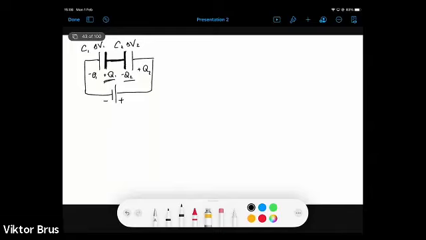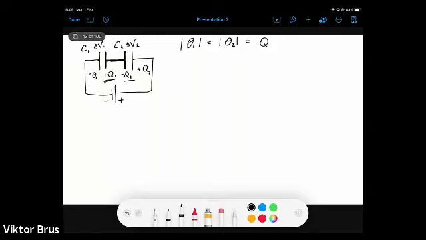Since this system should remain electrically neutral, we can write that by absolute value Q1 is equal to Q2. And then we can claim that the electric charge which is accumulated in capacitor 1 and capacitor 2 is the same. So we will operate with some charge Q.